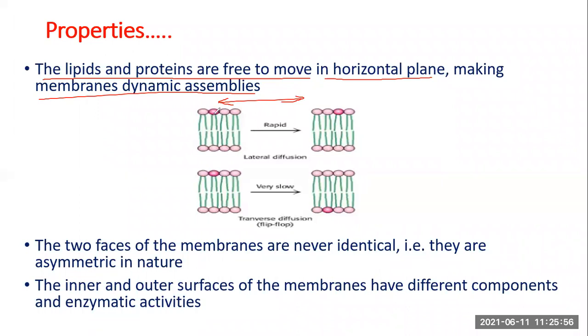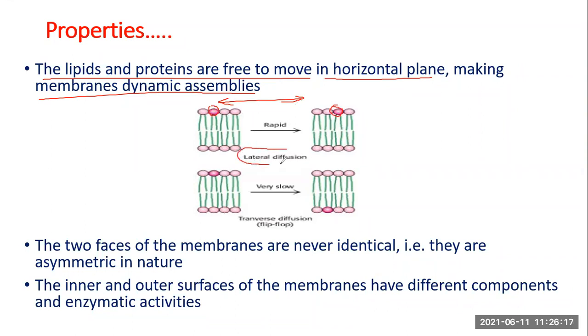Okay. So you see here, this lipid is present here in dark pink, and next moment rapidly it can move to the next point. It can move back to the original position also quickly. So this movement, lateral movement, is allowed. Lateral movement of both proteins as well as lipid is allowed.